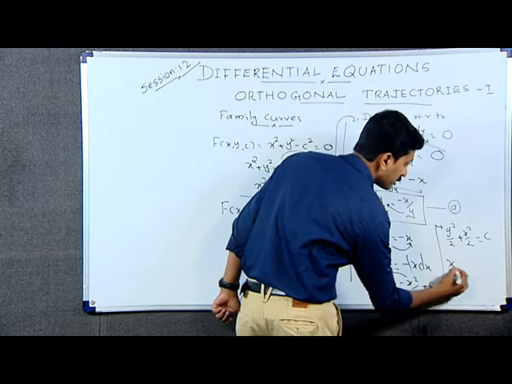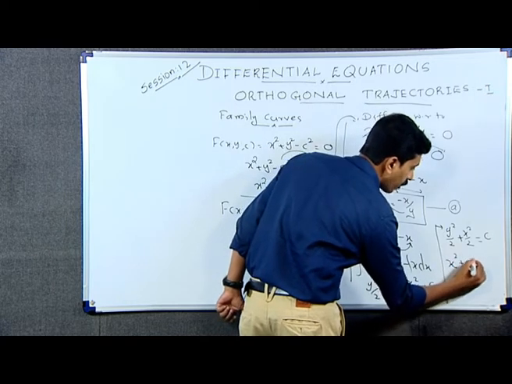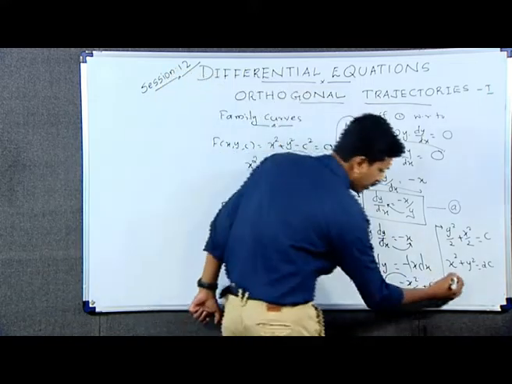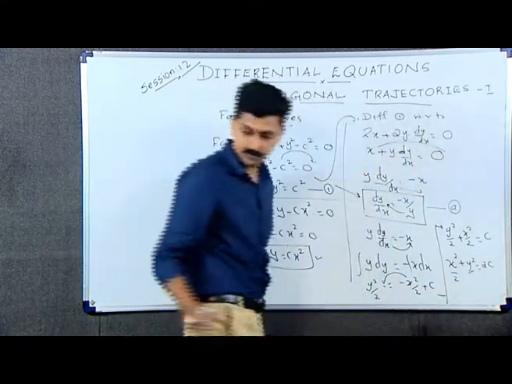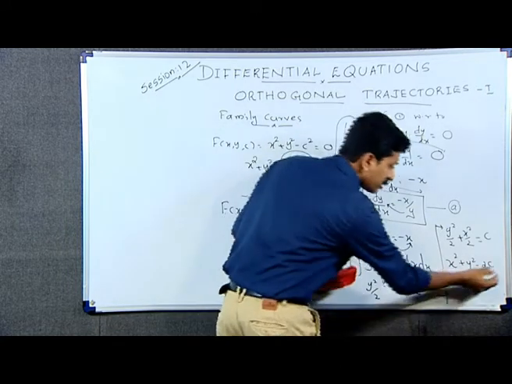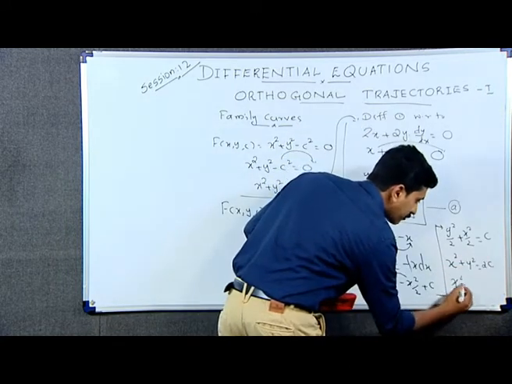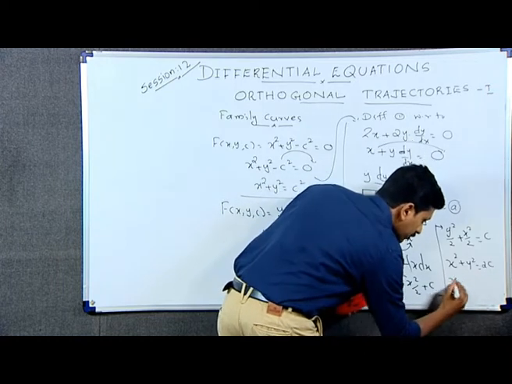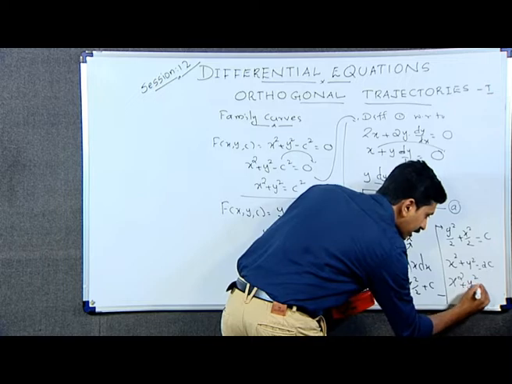So, we can rewrite this as x square plus y square equal to 2c. I am taking 2c as another c.